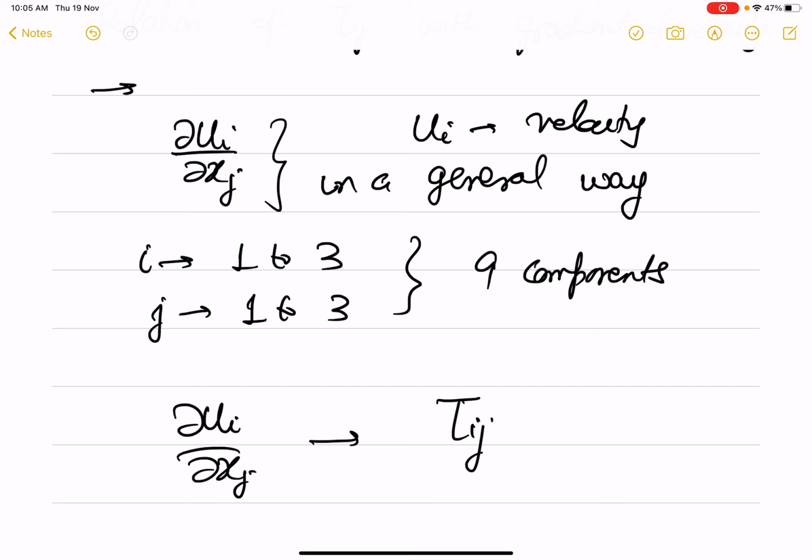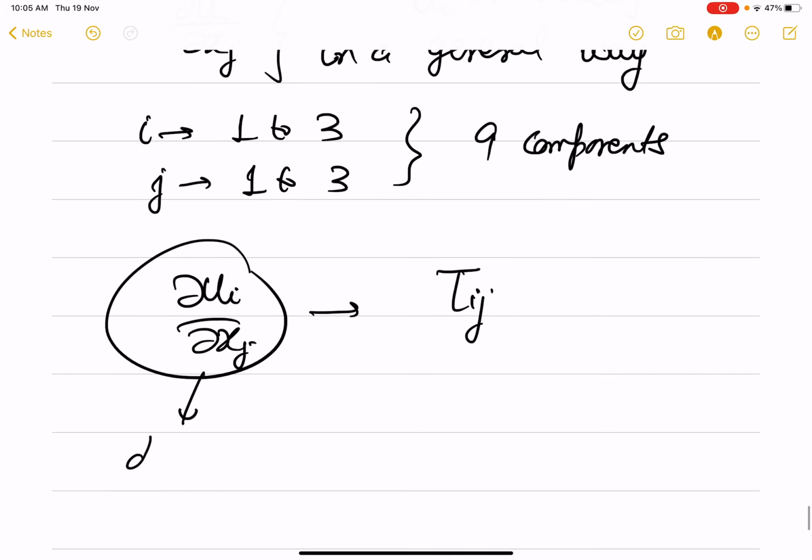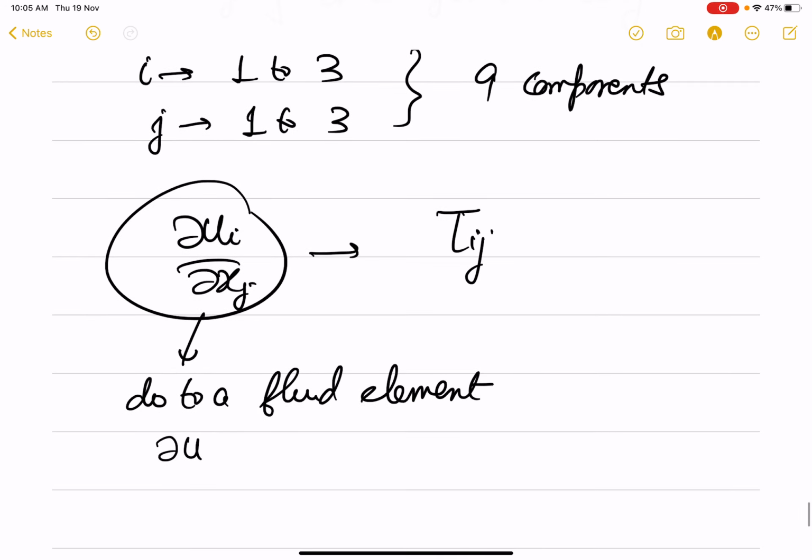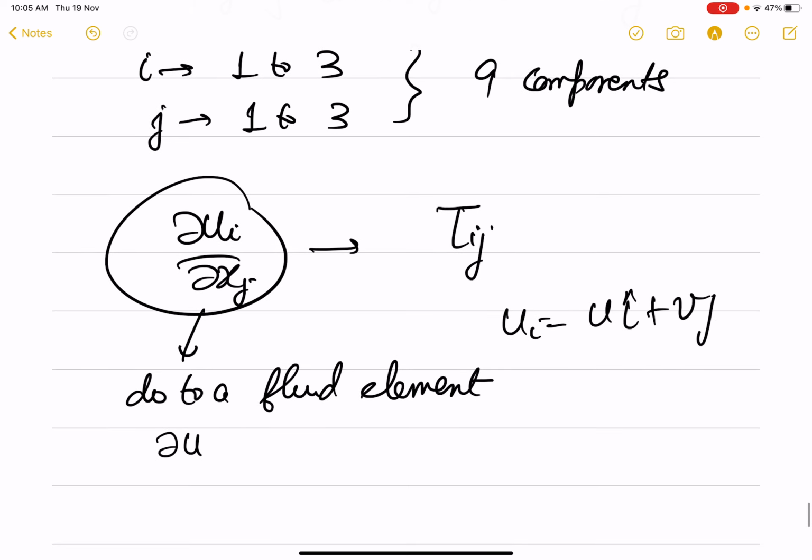First we will see what these components of dui by dxj do to a fluid element. We will try to get a differentiating role of different parts, because dui by dxj means partial ui by partial xj.